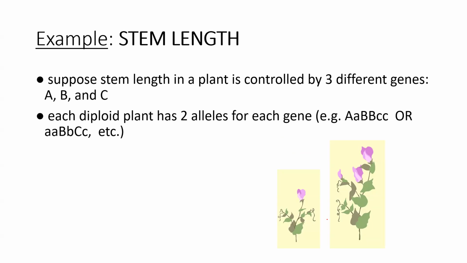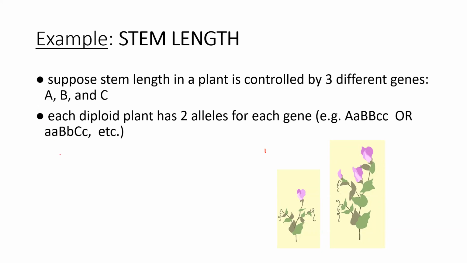So it gives you an example here of stem length. And it says, suppose stem length in a plant is controlled by 3 different genes, A, B, C. Each diploid plant has 2 alleles for each gene, right? So it gives you here an example, right? So we have, well, let's do our own example. Let's do one that is completely heterozygous.